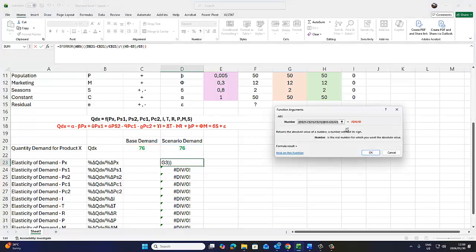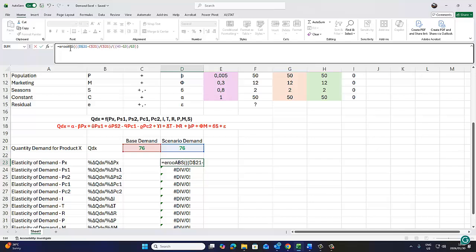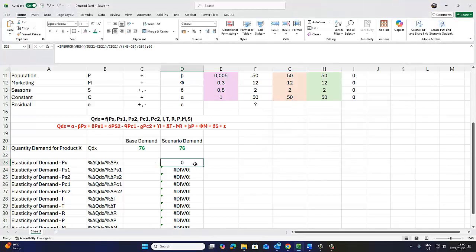Why is it not giving me an option? I don't want ABS. I think I just put it in the wrong place. Come on. IFERROR, there we go. IFERROR, and make it 0. There we go. IFERROR is 0. Okay, I don't like that, we'll rather use something else. So we'll just make it 0. You can make it the question mark, whatever the case might be.